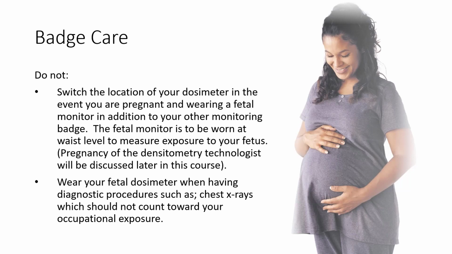If you have any procedures done using ionizing radiation as a patient, you should wear your fetal dosimeter when having those exams done, and they should not count towards your occupational exposure, but the exposure of the fetus.